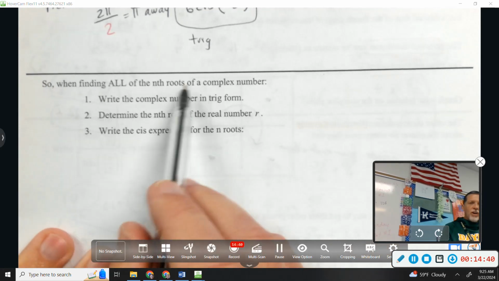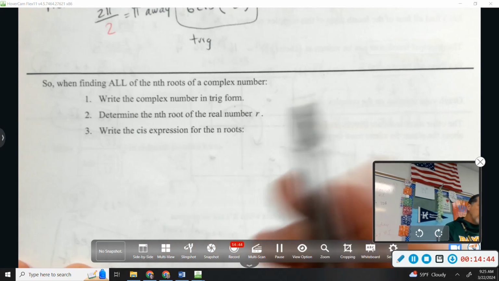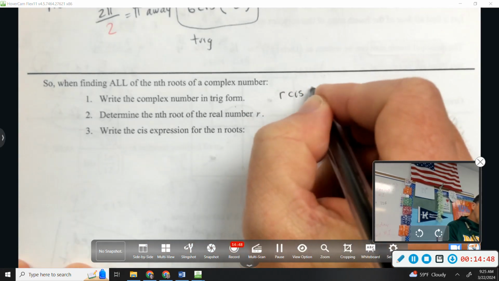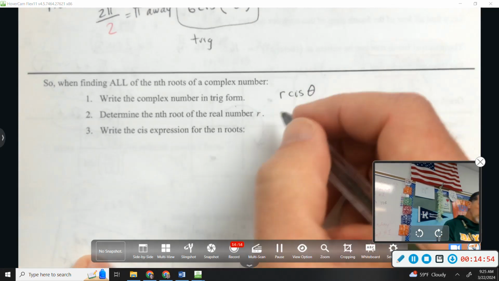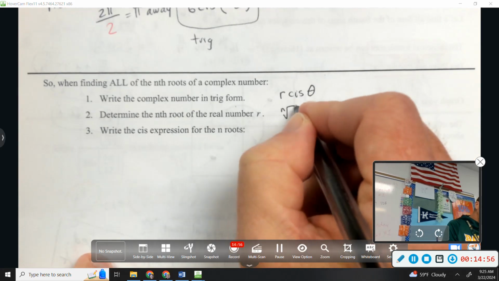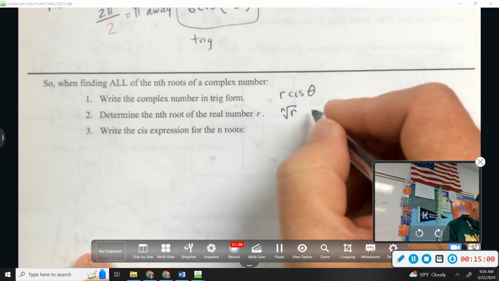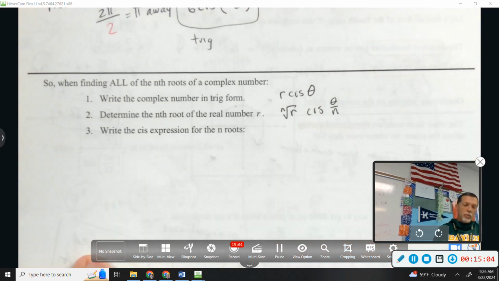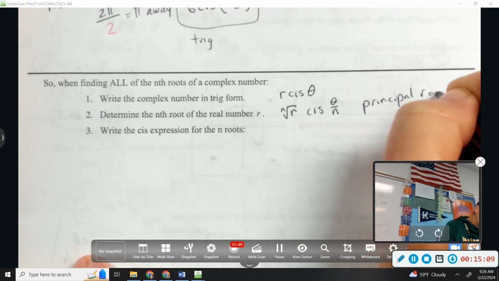So, when finding all the nth roots of a complex number, write the complex number in trig form so that you've got r cis theta. Determine the nth root of the real number, so that would be the nth root of r. In fact, I would just say find the principal root first. Cis theta over n. That's your principal root. That's the first one. The easy one.